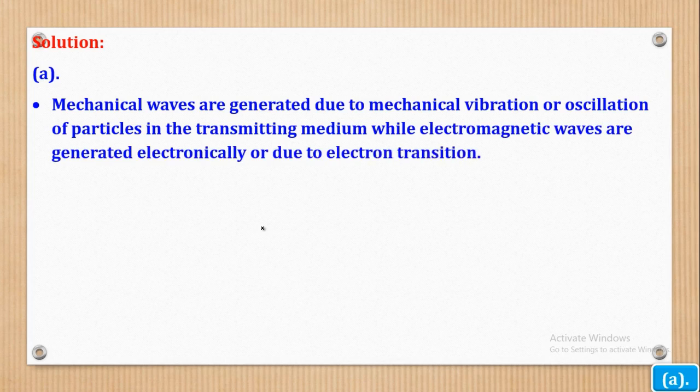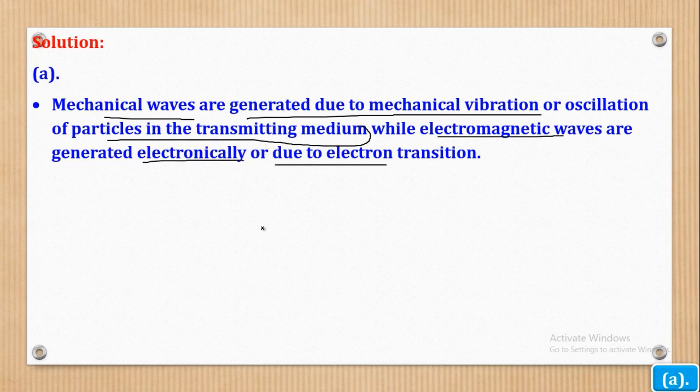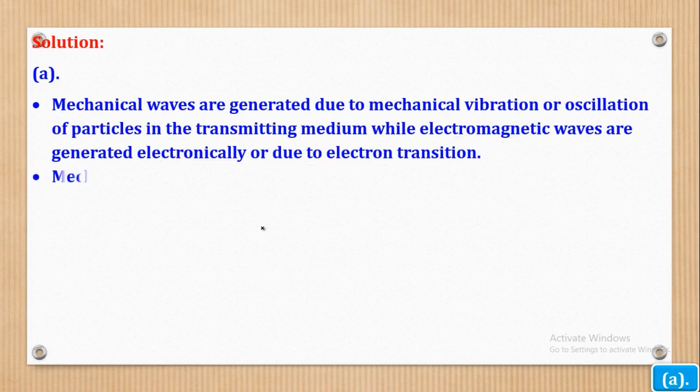So one, we shall say that mechanical waves are generated due to mechanical vibration or oscillation of particles in the transmitting medium, while electromagnetic waves are generated electronically or due to electron transition.